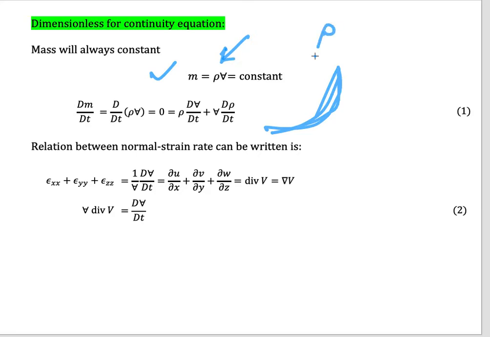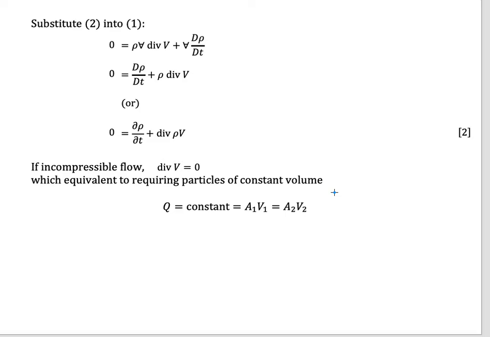We know that density is equal to mass over volume, so if we rearrange this equation, we get that mass is equal to rho times volume.